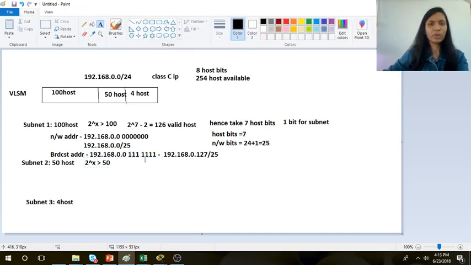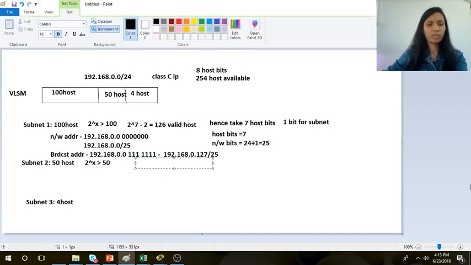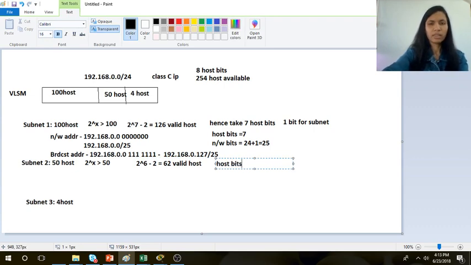In that case, you can take x as 6. 2 raised to 6 gives you 64, so 2 raised to 6 minus 2 gives you 62 valid host IPs. Hence you would take your host bits equal to 6, and then you are going to be left with 2 bits.